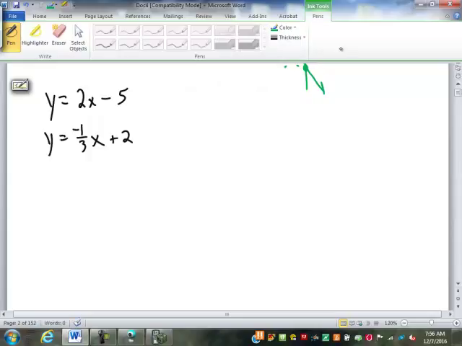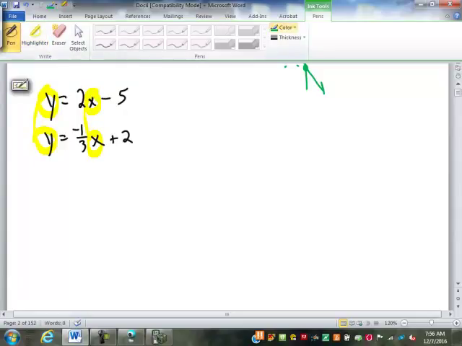When we look at systems of equations by substitution, we know that the solution to this system is going to be where this y and this y are the same value, this x and this x are the same value. So we can use that to our advantage.